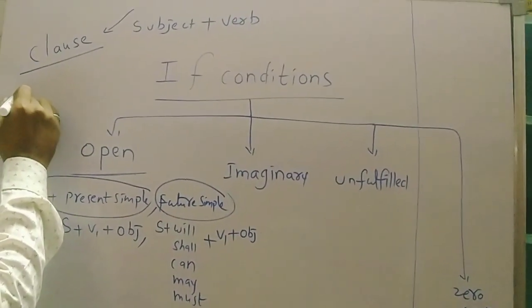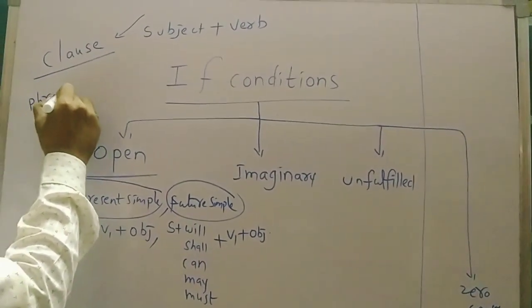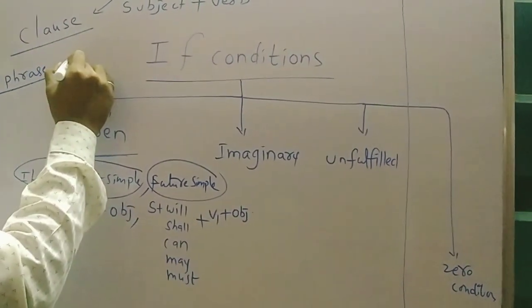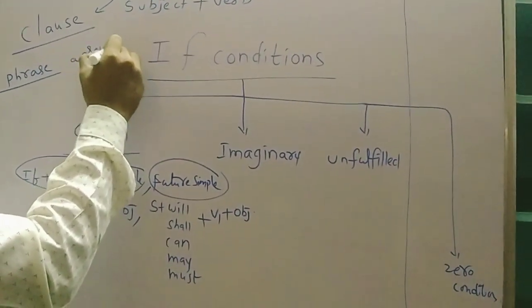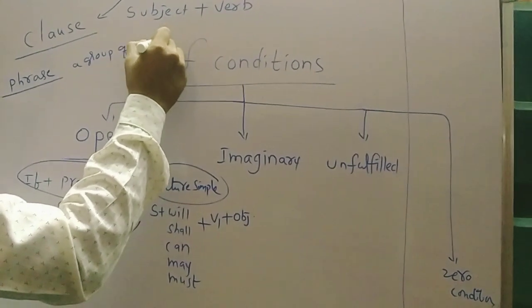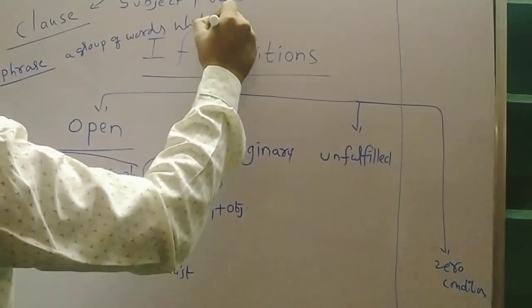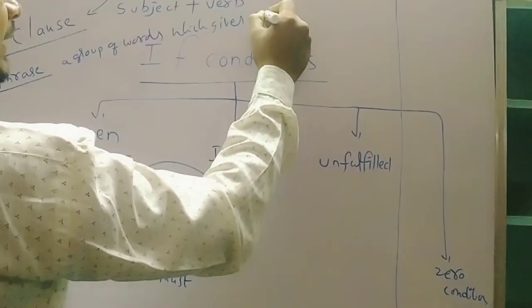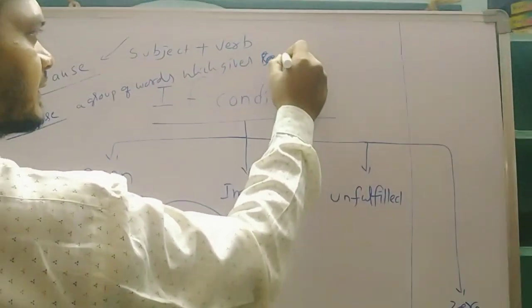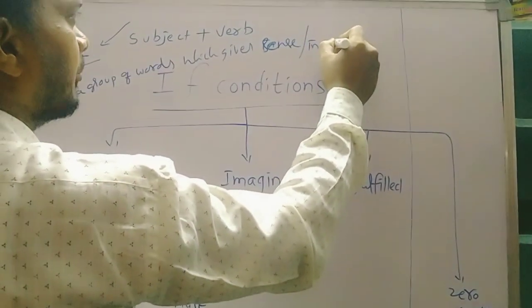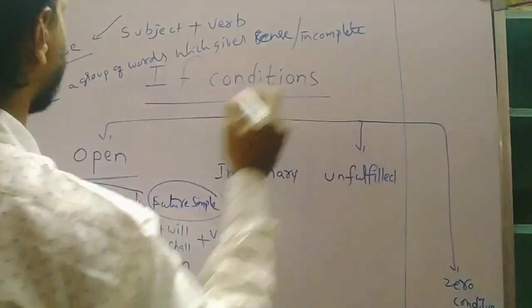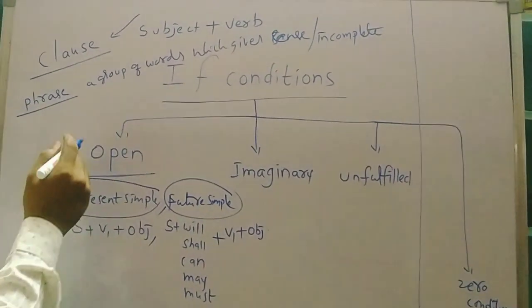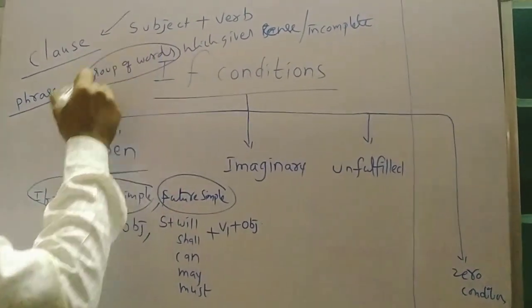Here, one more word, phrase. Phrase is nothing but a group of words which gives a sense but incomplete sense. Here it is also a group of words.